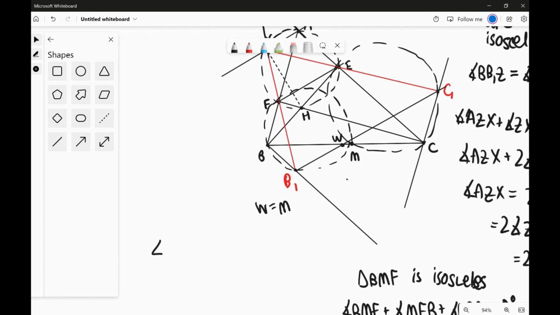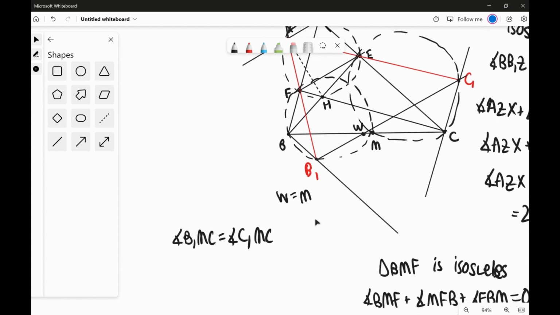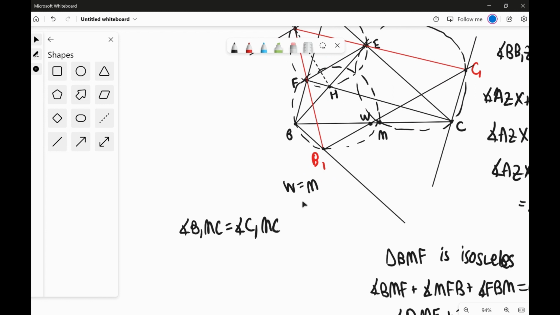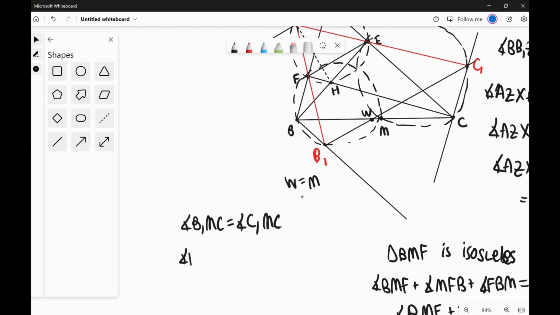So now that we have these cyclic quadrilaterals, what can we say about directed angle B1MC? We wish to prove that directed angle B1MC is equal to directed angle C1MC. And here's where a huge angle chase comes. We have that directed angle B1MC is equal to directed angle B1MB.